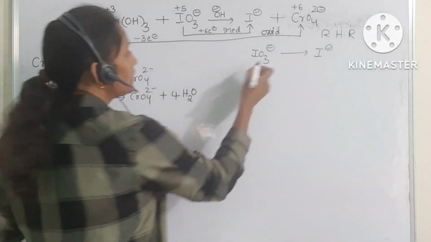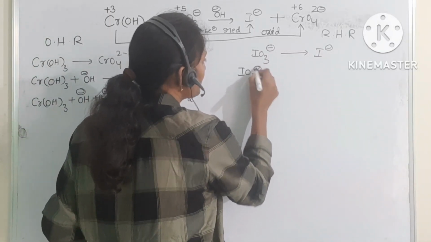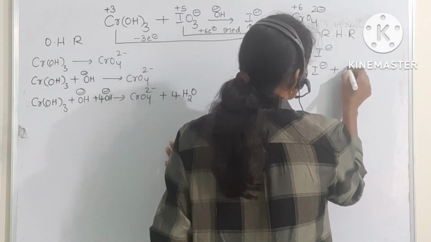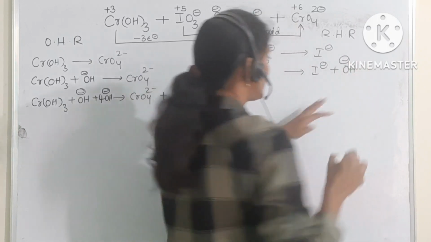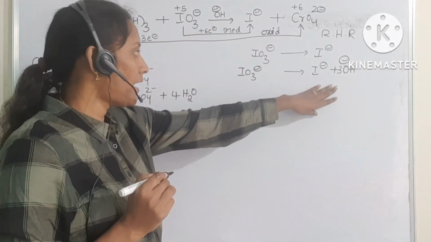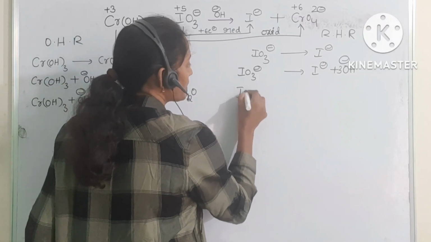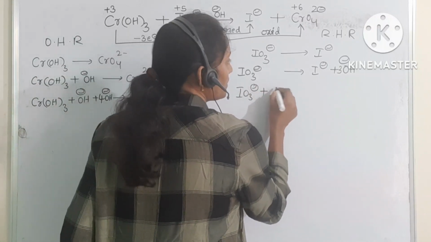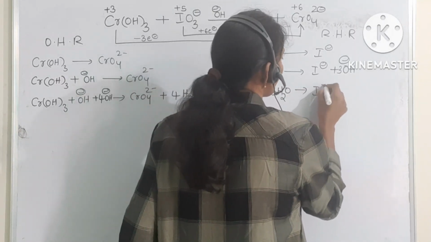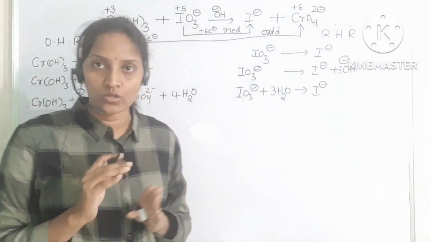Coming to this side, here also you can balance the oxygen number by adding OH minus ions to the right side of the reduction half reaction. So I am going to add 3 hydroxide ions. For balancing hydrogens, on the left side of this reaction you should add 3 water molecules. Again, the hydrogen and oxygen numbers will vary.